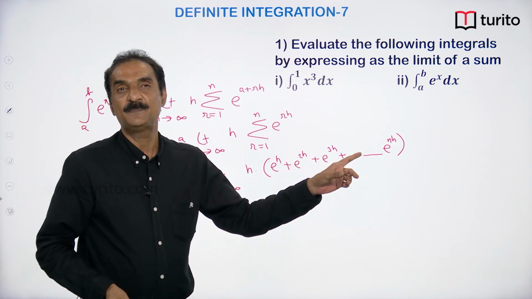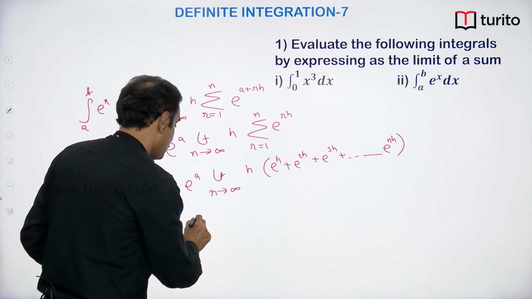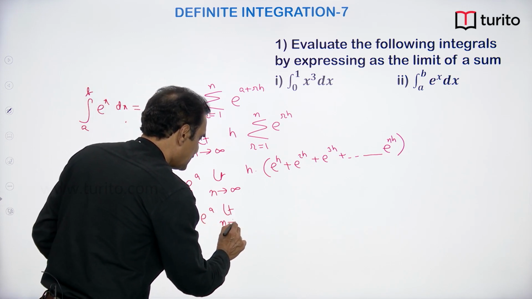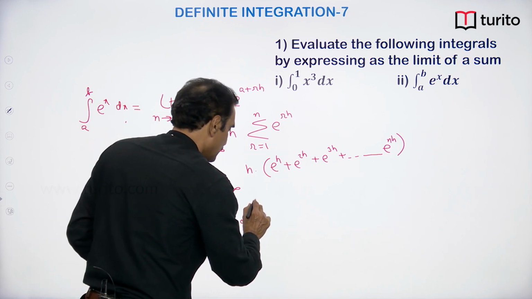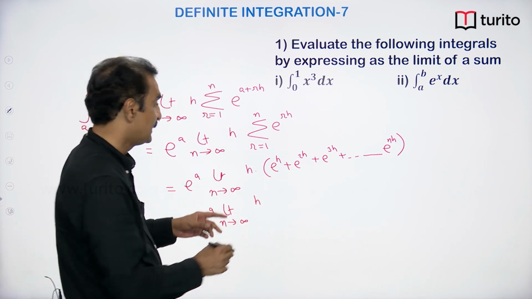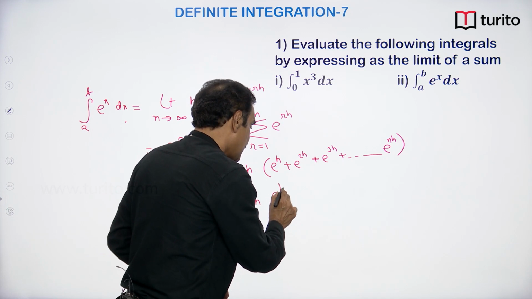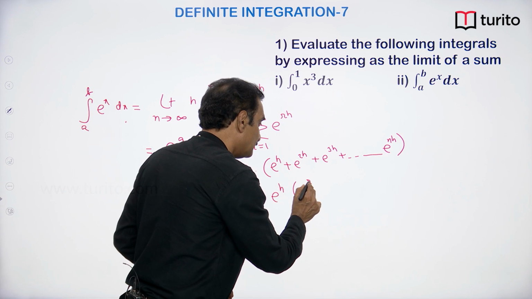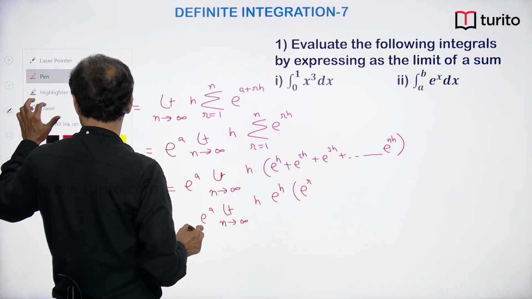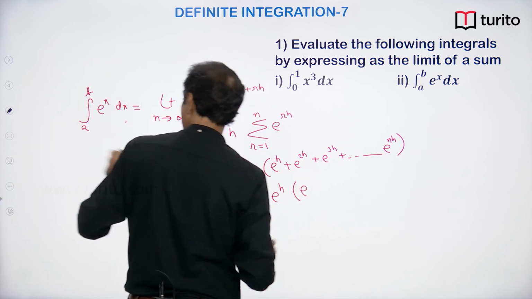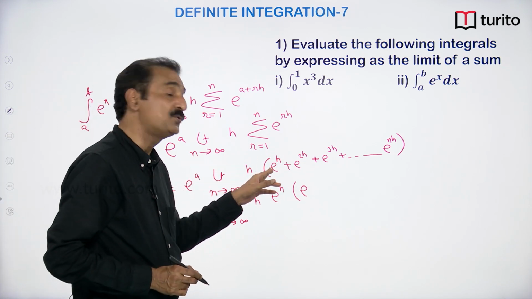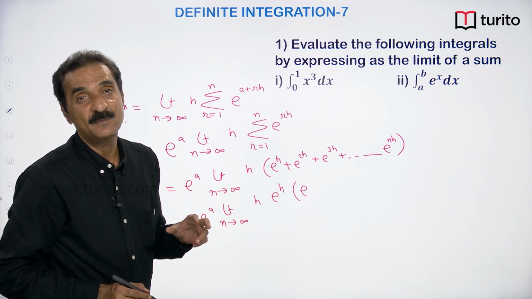What is the sum of this GP? e power a into limit as n tends to infinity h into first term into e power... All of you know the formula for sum of a GP, a into r power n minus 1 by r minus 1.